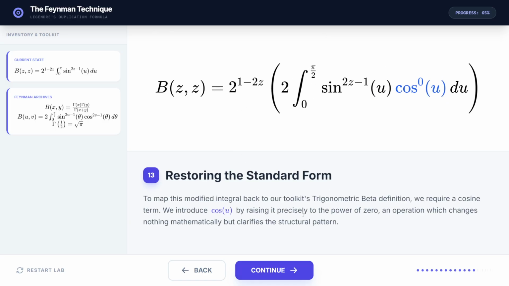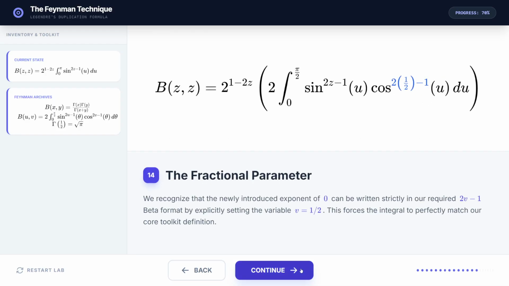And then we do something clever to make it match our beta integral. We're going to add a cosine term here. If we add a cosine to the 0 term here, that's just 1, so that doesn't change anything. And we're just trying to get this beta integral back to its standard form. All right. And then we'll just replace our 0 with a 2 times 1/2 minus 1. You see what we're doing here?